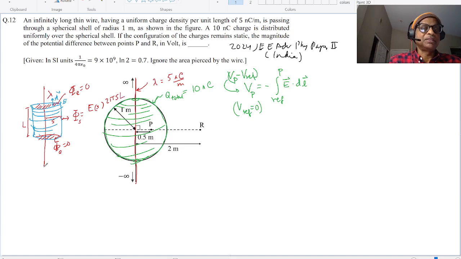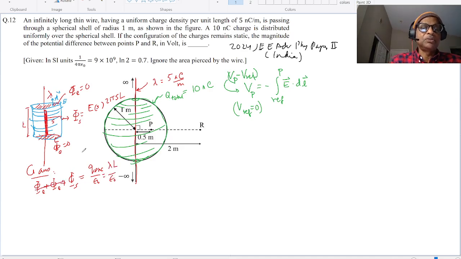Now Gauss's law tells us that if I add these fluxes, phi E plus phi E plus phi S, of course the end ones are 0, that's equal to the amount of charge enclosed over epsilon naught. And what's the Q enclosed? Q enclosed is lambda times L.